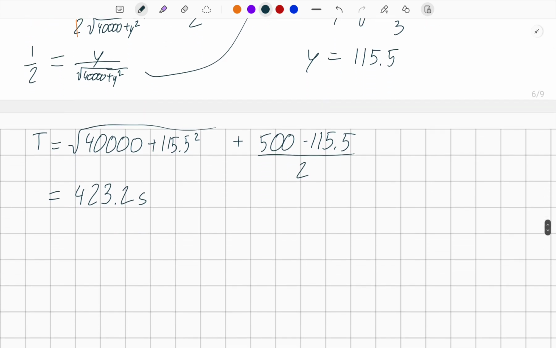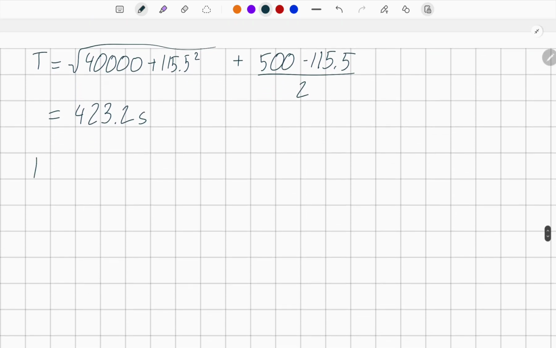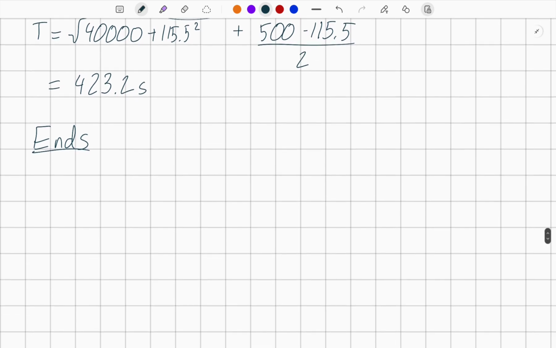Now, again, we've figured out a critical point. We need to check the ends to make sure that the ends aren't the maximum or the minimum themselves. And in this case, what would the ends be for this one?